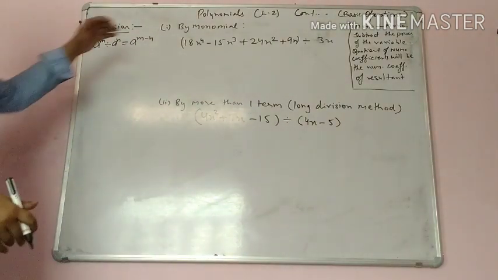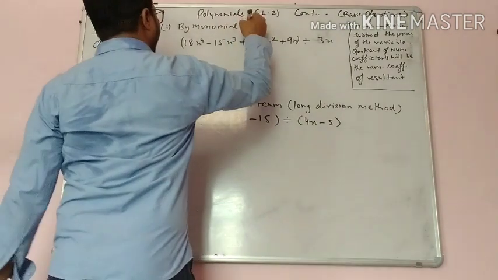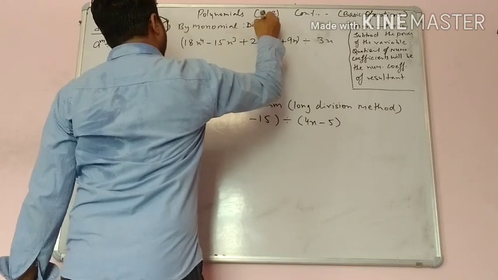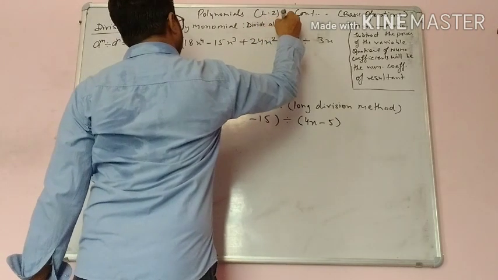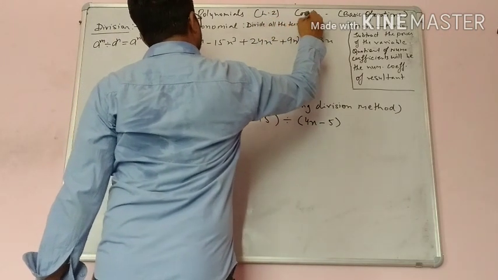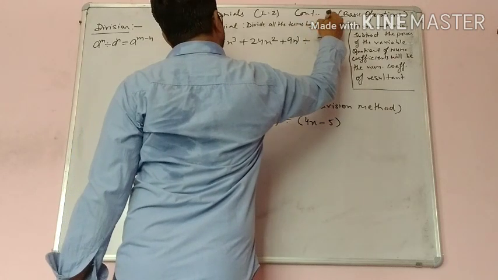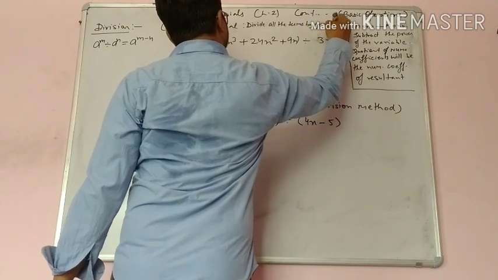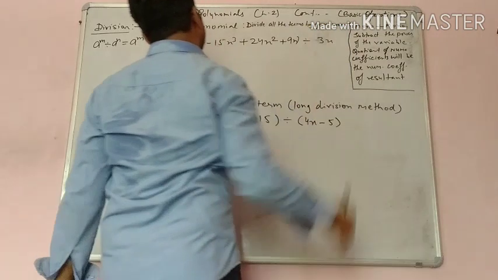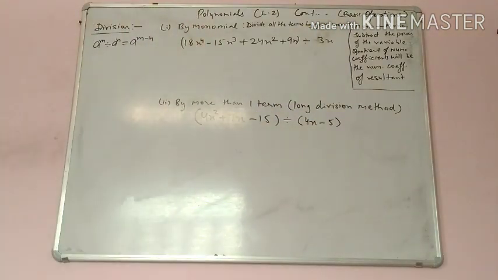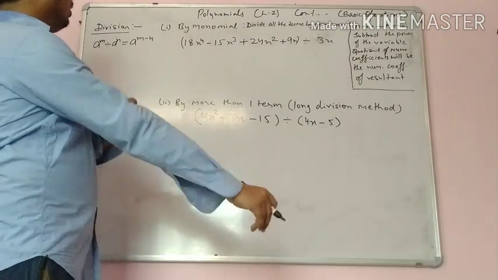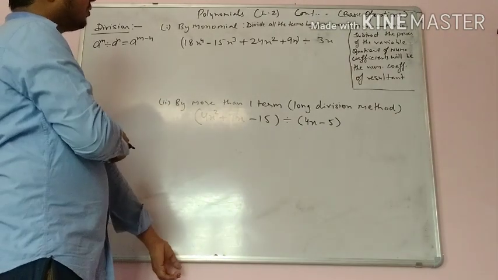Now how can we divide a polynomial by a monomial? Divide all the terms by the given monomial. Clear about it? One more thing you have noticed: the degree of the divisor.